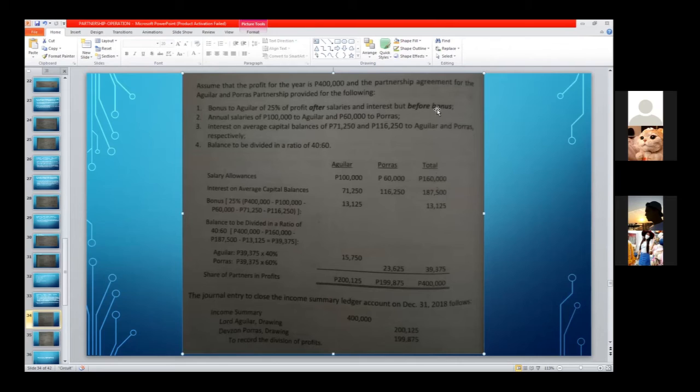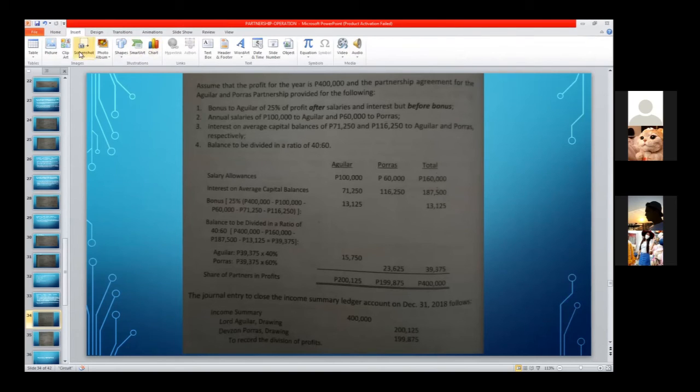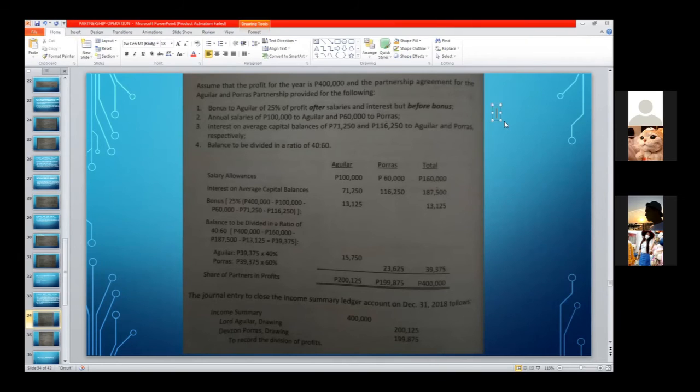But before bonus, oh, paano magiging formula natin dyan? Magtanong nga ako si Jennifer. Paano magiging formula na natin dyan? Yung kaninang ano natin, di ba meron tayong B. Tapos meron tayong percentage. Hello po, kuya.